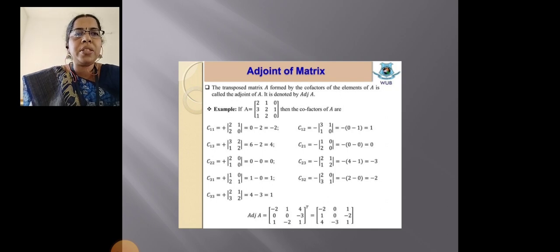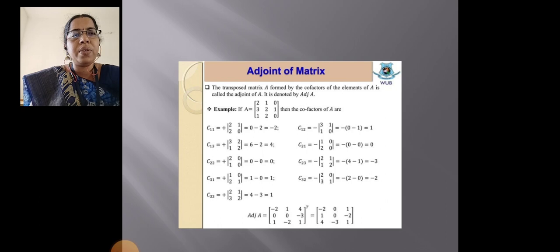Next one, adjoint of a matrix. The transpose of the matrix formed by the cofactors of the elements of A is called the adjoint of A. It is denoted by adjoint of A. Example, if A is the given 3 cross 3 matrix with rows 2, 2, 1; 0, 3, 2; 1, 1, 2, 0, then the cofactors of A are as follows.